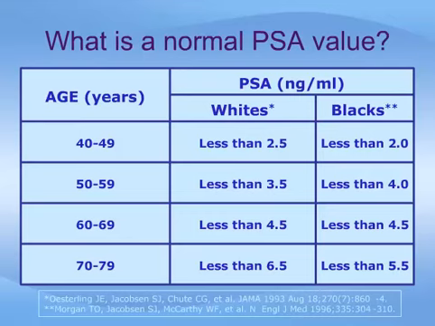This table lists the normal ranges for PSA by age and race, and many doctors have adopted these values as their cutoff values. As an example, if you are a 55-year-old white male, your PSA should be less than 3.5. Note that there is no normal PSA specified for men beyond 79 years old.